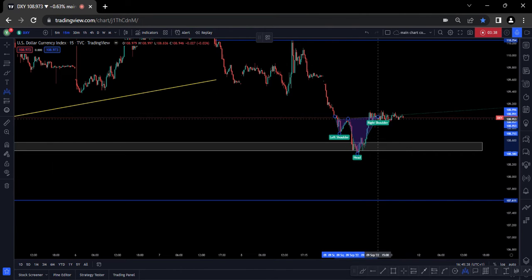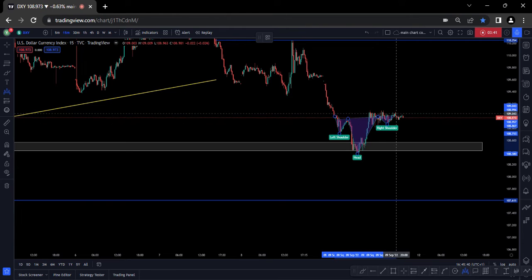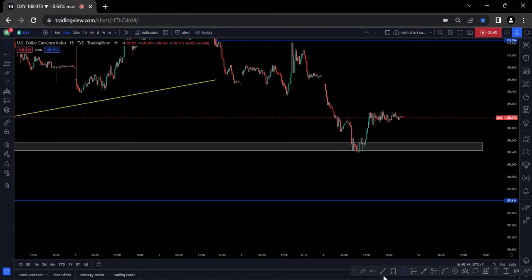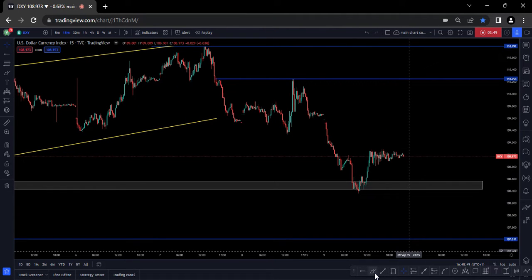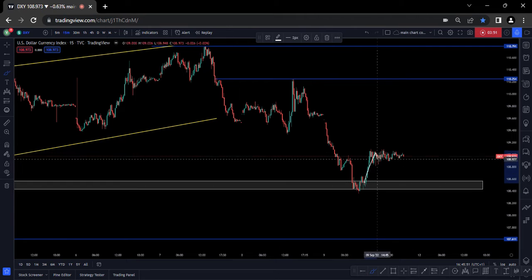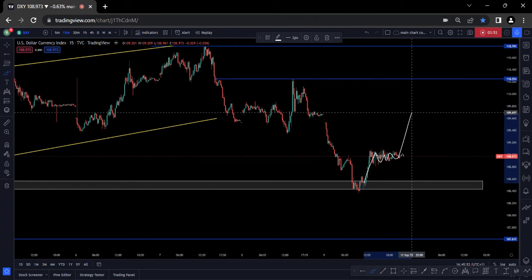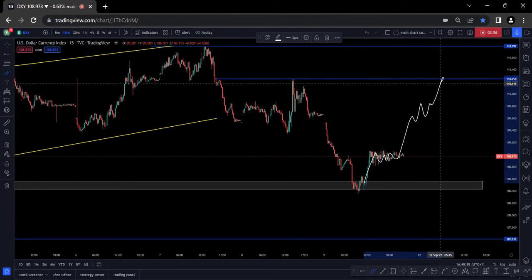Look at the head and the left shoulder. Not really perfect, but it is what it is. So we might be having something like this, possibly plus a correction, continuation to the upside around this place, and let's see how it will react around this area. So that's for the DXY.